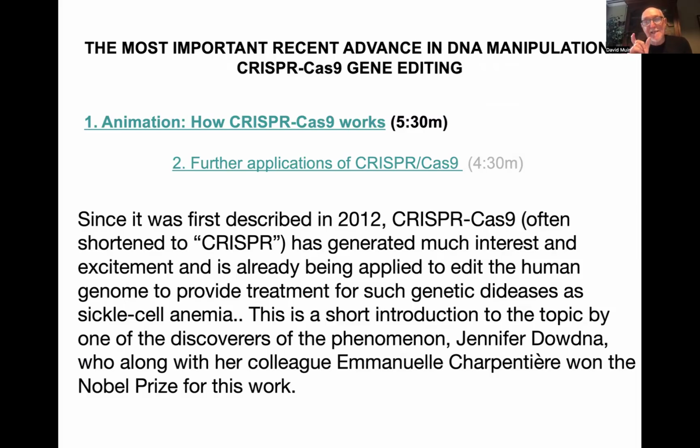The CRISPR-Cas9 system uses that ability to cut DNA, but it manipulates it so that where the cut occurs, we can either take out a base, and we can change the base sequence, or we can insert a piece of DNA.